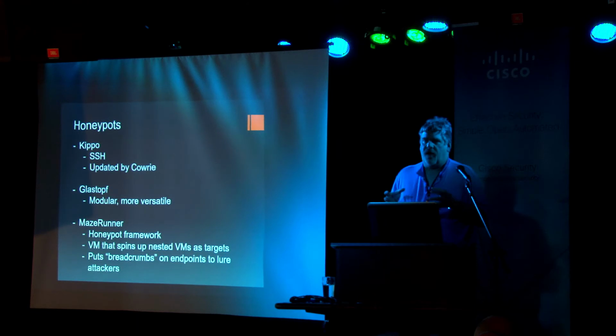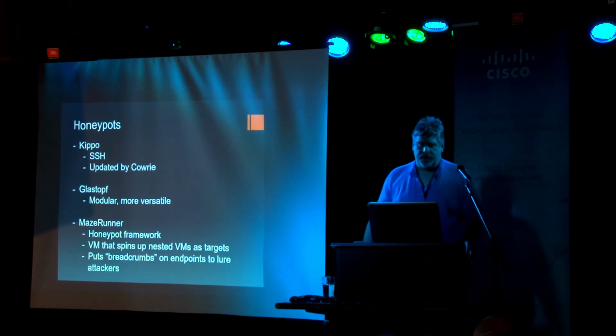So rather than having all of your honeypot targets have a single IP or something like that, it spins up different machines as needed inside of itself, to present targets to the outside world. The other thing it does that's pretty cool is it'll put breadcrumbs on your endpoints as lures directing traffic into the honeypot. So it's a pretty cool solution.